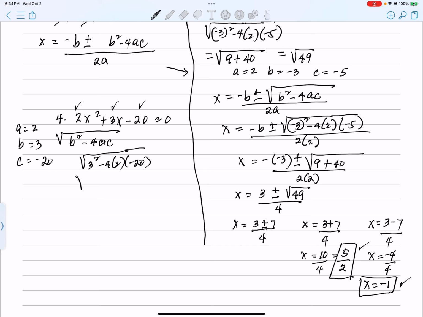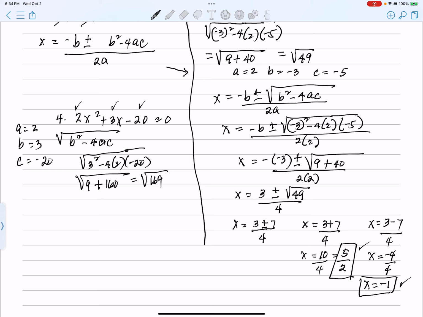So that would be 9. Negative, negative, that would be positive. 4 times 2 is 8, times 20, that's 160. So that would be the square root of 169. And 169 is a perfect square.